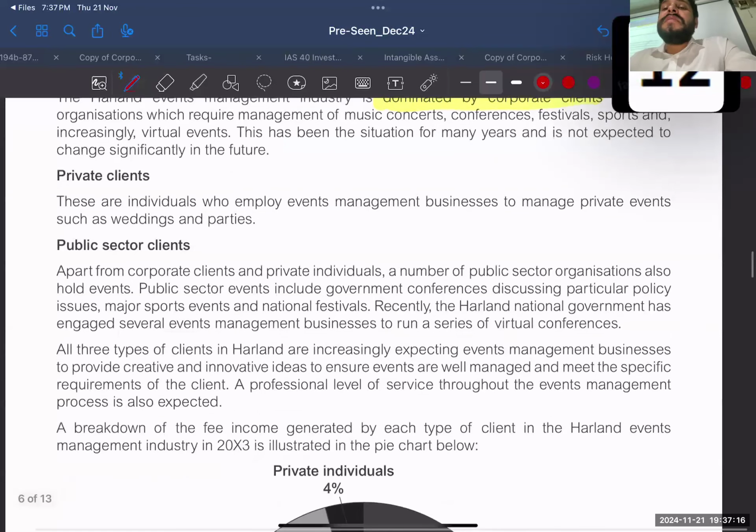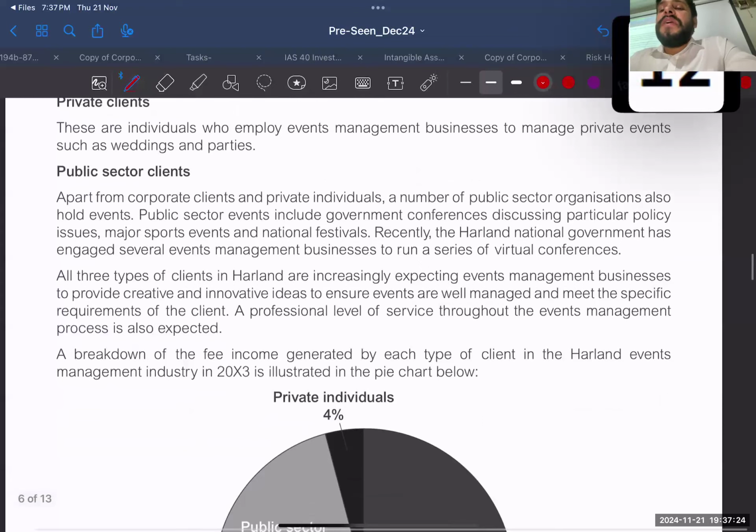Private client. These are individuals who employ event management businesses to manage private events, such as weddings and parties. Public sector client. Apart from the corporate clients and private clients, a number of public sector organizations, which means government organizations, also hold events.